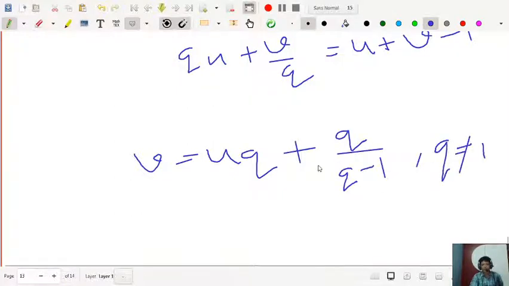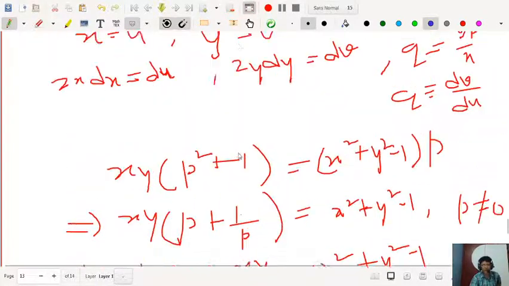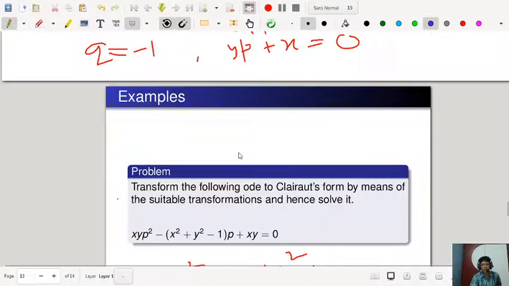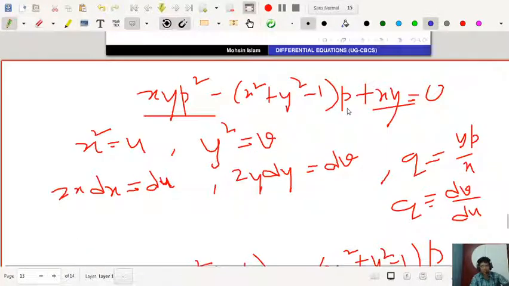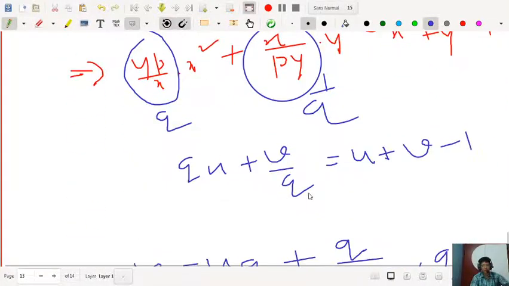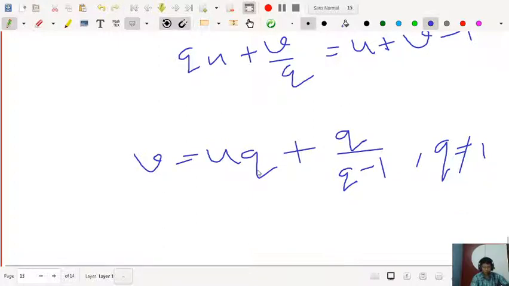So in this case, you have the same type of problem as the previous one. Just the difference is that you have h square replaced by minus 1. But you have the same type of problem here. So I'm not going to discuss this problem further. You can easily understand, and you can find a singular solution in this case also.